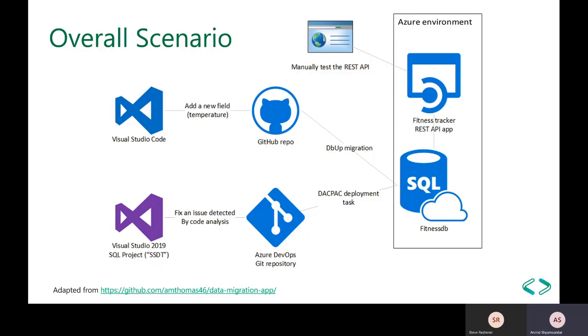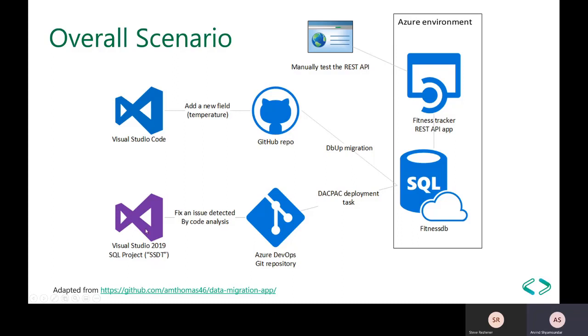So what happens in DAC packs when you deploy them to a target SQL database is that internally, the tooling that's doing the deployment, which you'll see again in the demo, but we use some tooling called SqlPackage, which is also supported by a framework called DacFx. That framework internally generates a diff between what's on the target and what's in your project, and then incrementally changes the database to get to that final state.